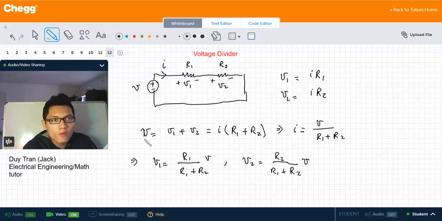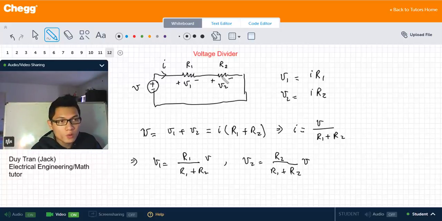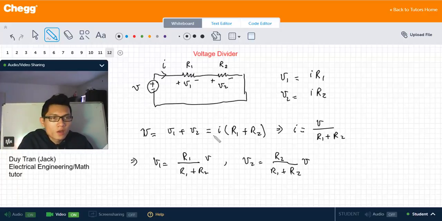And also the source voltage is the total voltage of the circuit, which is equal to the voltage V1 of resistor R1 plus the V2 of resistor R2. If we sum up these two, V1 and V2, we have the expression for the total source voltage: V equals I times (R1 plus R2).